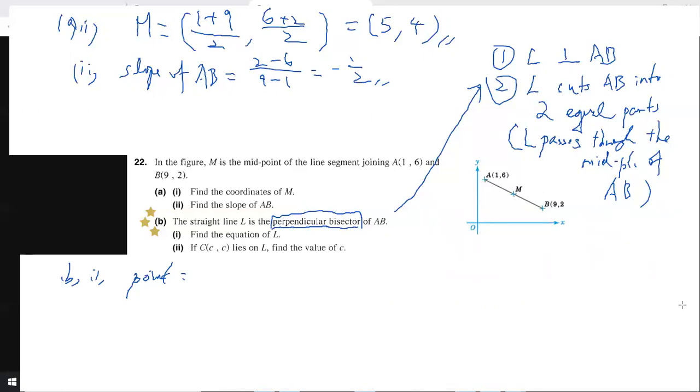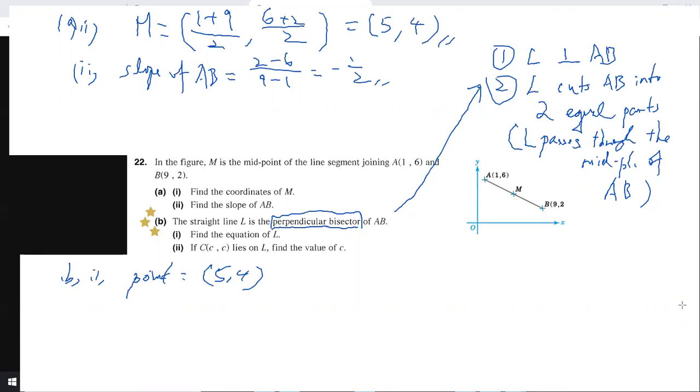So the midpoint of AB will be the point that I need to form the equation of straight line. But in this question, we have already found the midpoint M, okay, of AB.